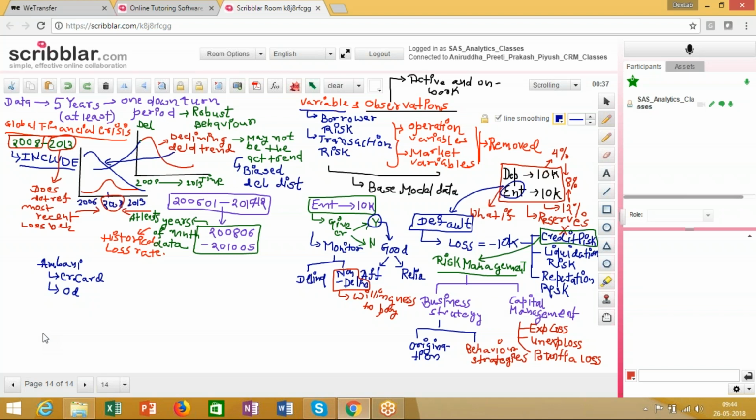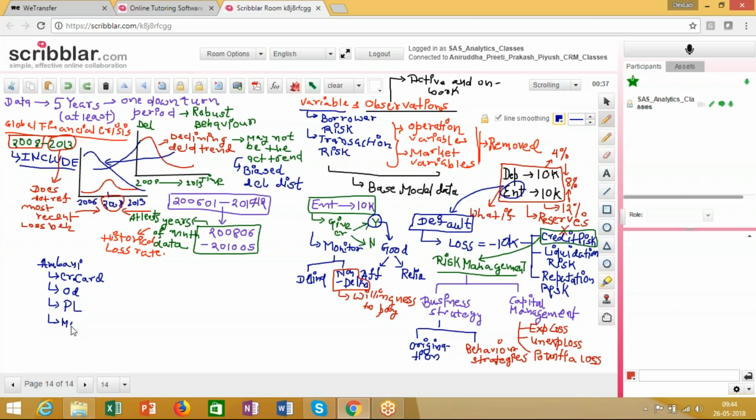So that is overdraft. The third product that Mr. Ambani has is a personal loan with the same bank. And the next product that he has is a mortgage.